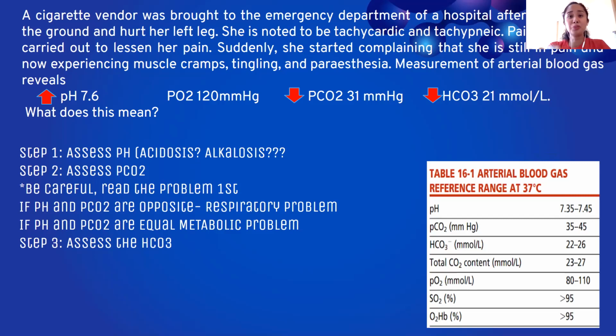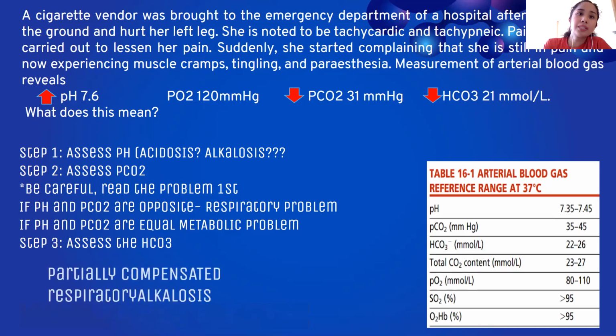So class, yung una kong hypothesis, sabi ko parang tachypneic. So there's something wrong with the lungs ng onti. So yun, sorry. So 7.6, alkalosis siya. So there are two different directions, yung pH saka PCO2. So metabolic problem. Yung bicarbonate ay mababa.